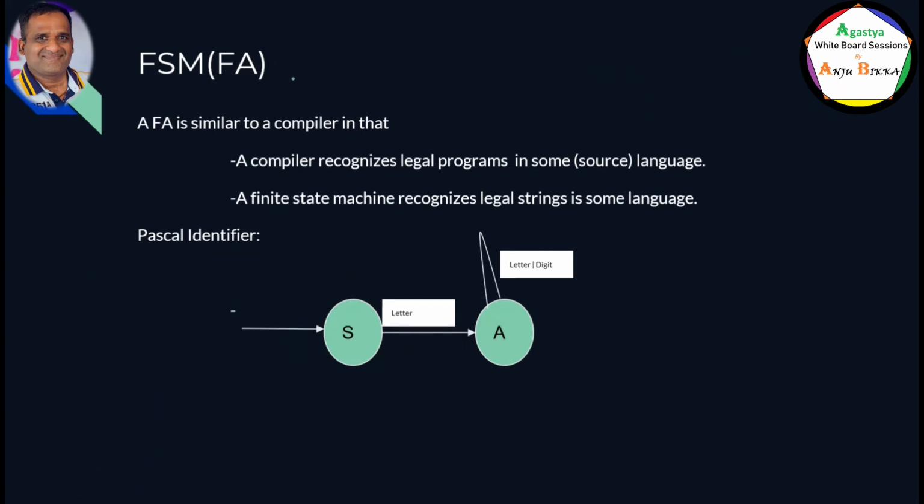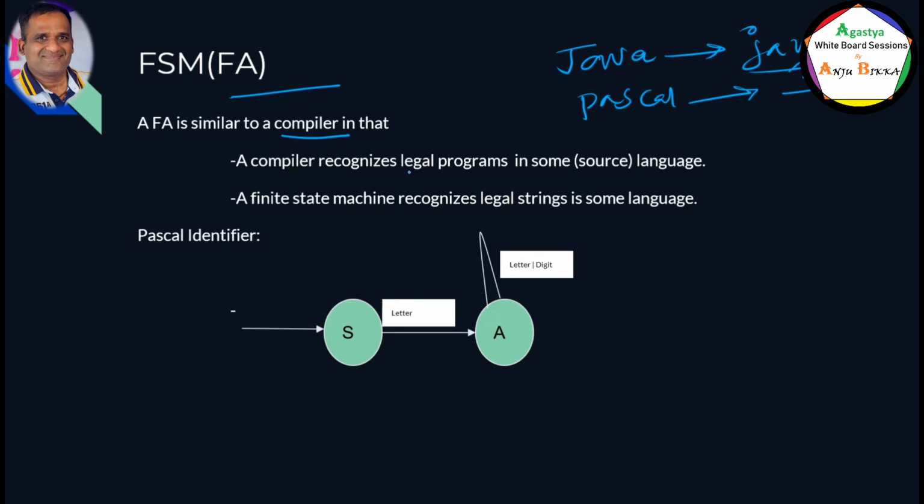Now we can see how we can define a finite automata, the finite state machine. It is similar to a compiler. When you take the programming language Java, it has a compiler which is noted as javac, and we can also see a Pascal compiler.